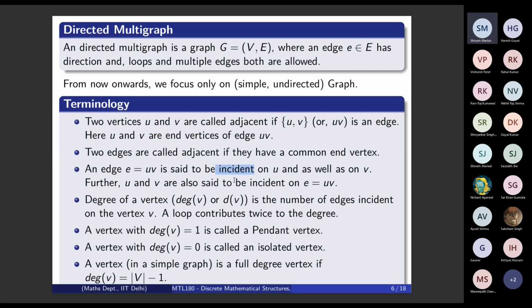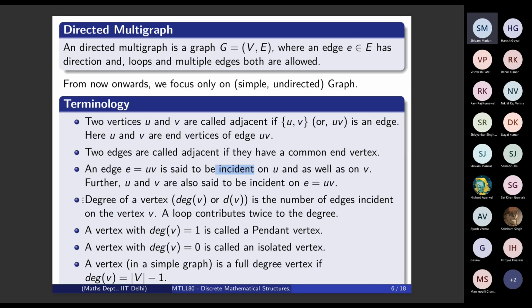When you say between two vertices, you use adjacent. When you say between two edges, you use adjacent. When one vertex and one edge, then we use incident. So therefore here, if E is an edge UV, then we say that E is incident with U and E is incident with V. Okay.